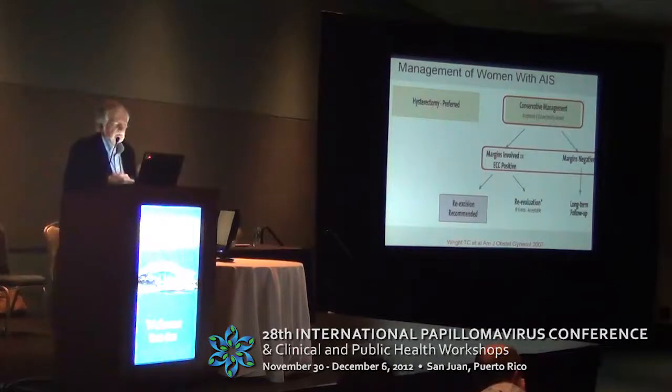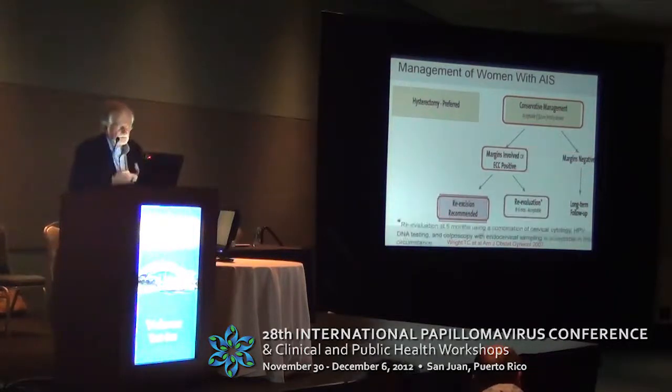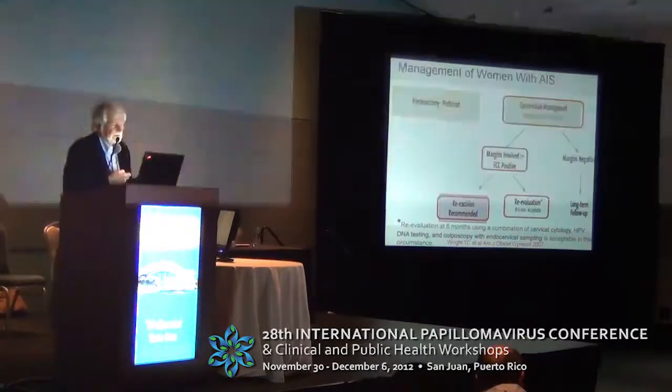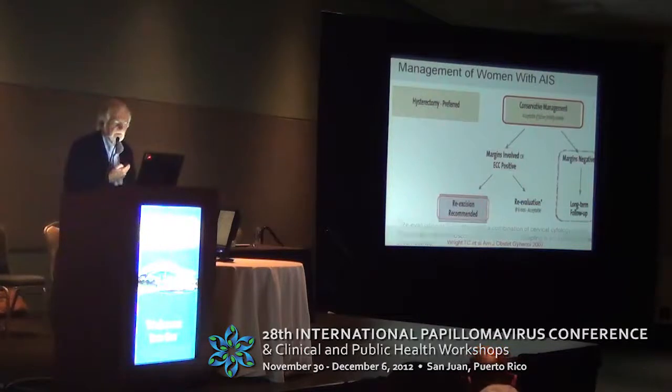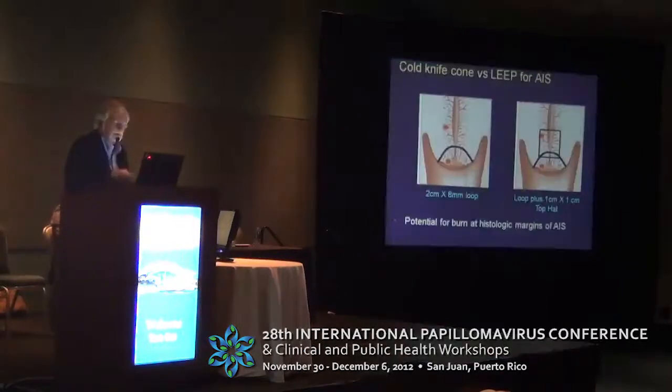If the margins are involved, re-excision is recommended, but reevaluation at 6 months is acceptable using a combination of cytology, HPV testing, and colposcopy with endocervical sampling. In other words, you're being very careful if you're following these women, particularly with positive margins or a positive ECC. Whereas if the margins are negative, long-term follow-up is recommended.